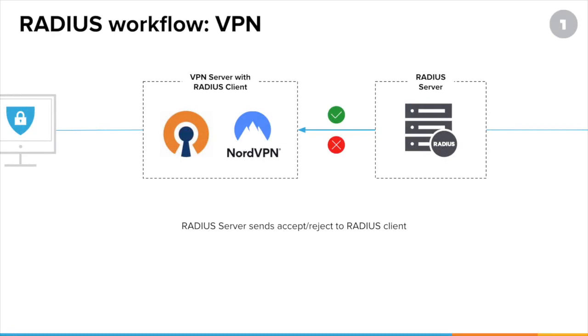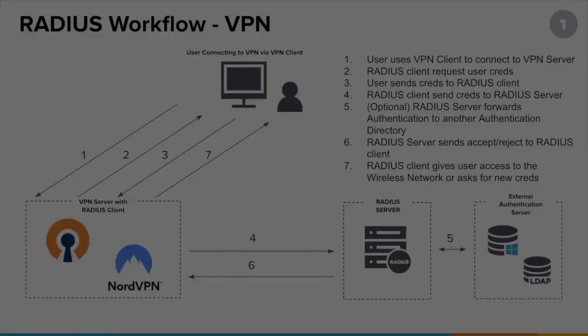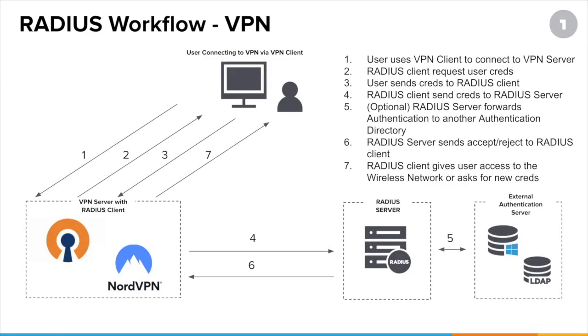Those credentials are now either validated or not. If the user's credentials are correct, then the VPN server can let them connect, and of course, if they aren't correct, they will not be allowed to connect. We're going to think happy thoughts and assume that the user's credentials are correct, so the VPN server can grant them access. Here's the full flow, so you can see how all the pieces work together.